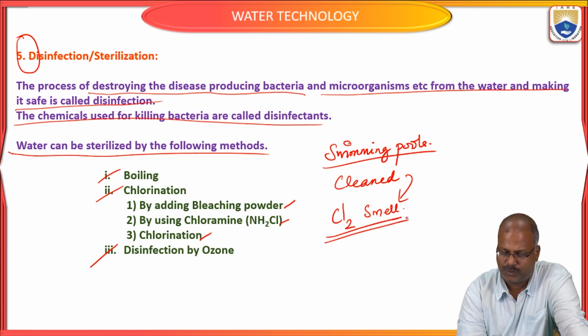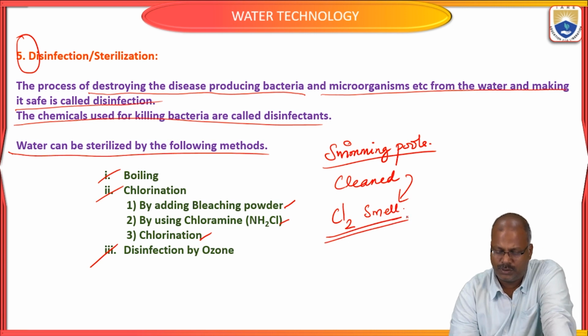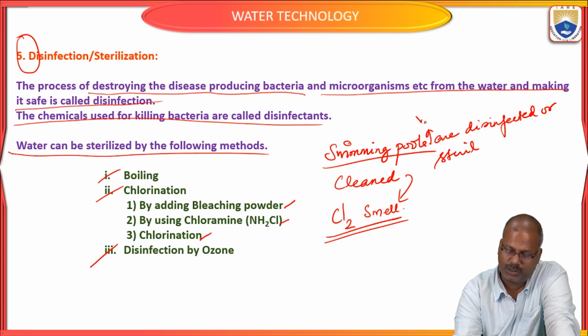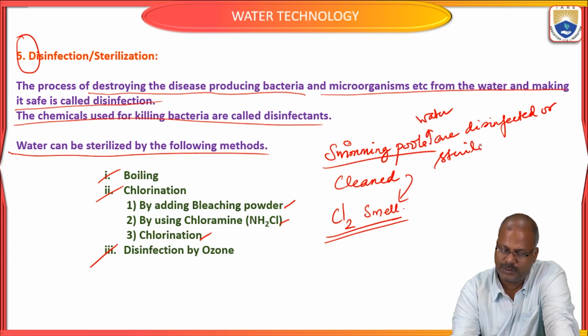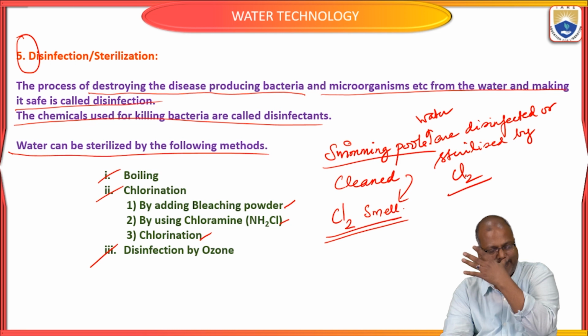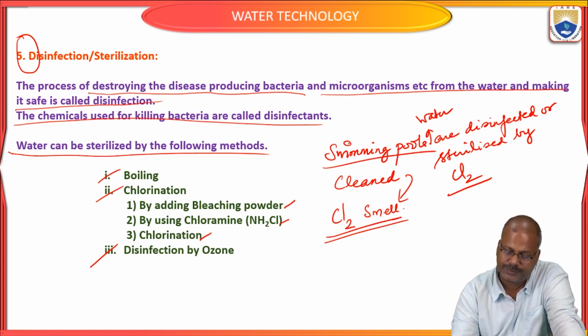Swimming pools are disinfected or sterilized. Swimming pool water is sterilized by chlorine, either directly or by adding bleaching powder.